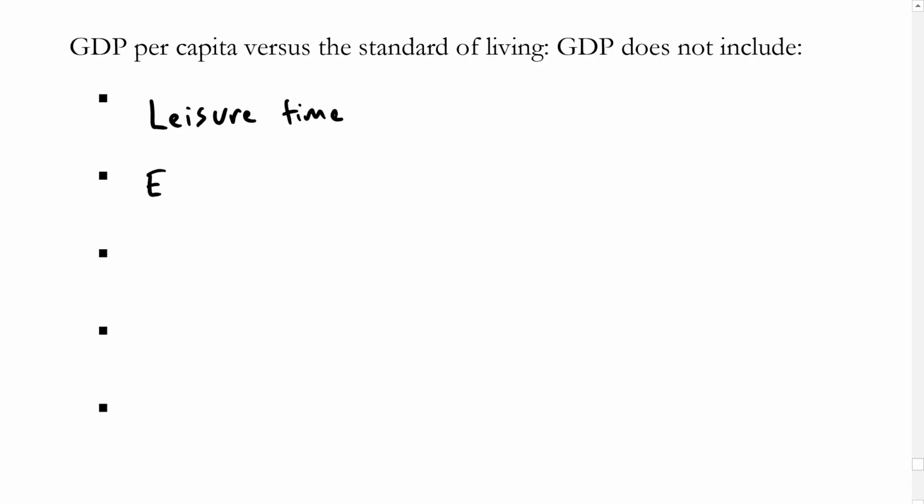Other things are the environment, environmental considerations, health, being in good health is really nice, and education, being able to get educated adds to this idea of the standard of living.